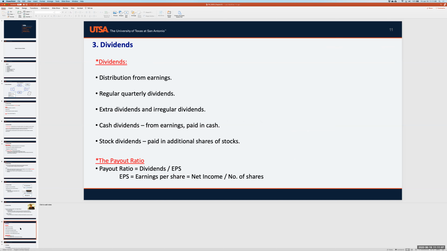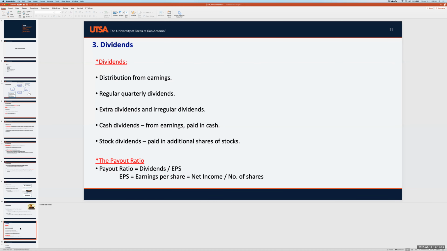And dividends. Dividends are a distribution from the earnings of the company, and there are regular quarterly dividends. Some companies pay dividends quarterly. Some others don't want to pay. It's not a mandatory payment. This is the decision of the company.